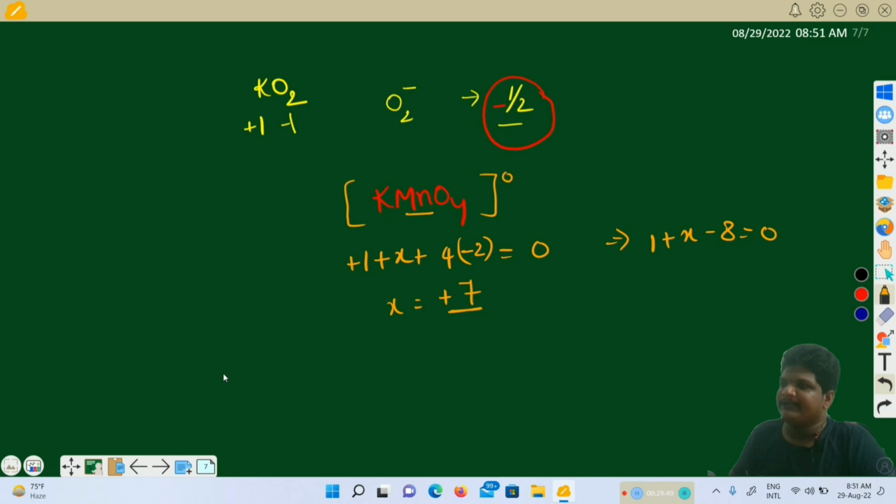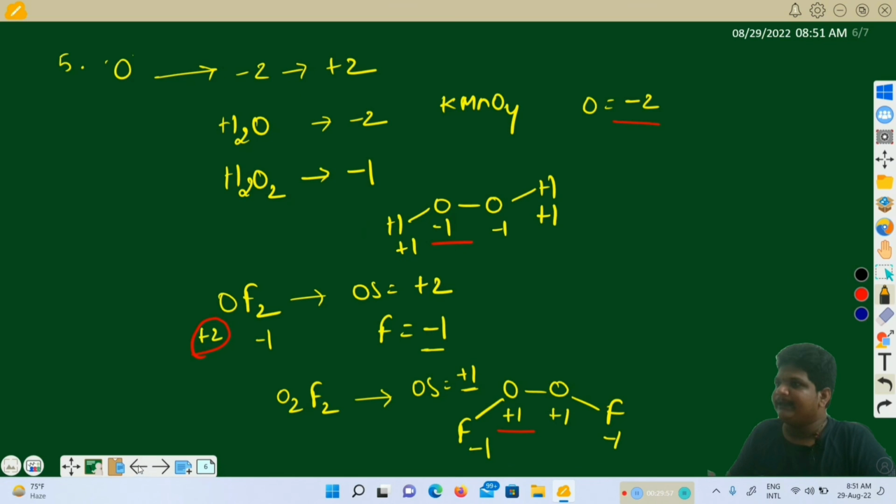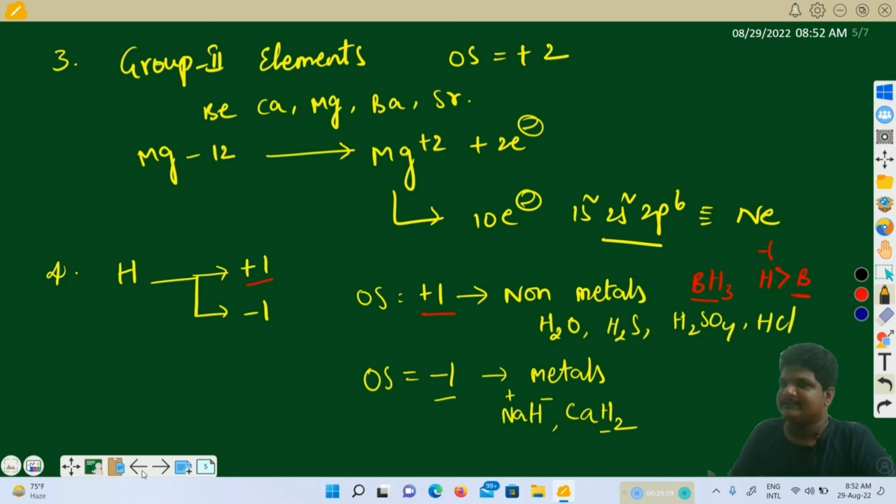In this way, we can calculate the oxidation number or oxidation state of any element by using these rules. By following these rules, we can calculate the oxidation number of any element. So this is about redox reactions, oxidation and reduction, and how to calculate oxidation number.